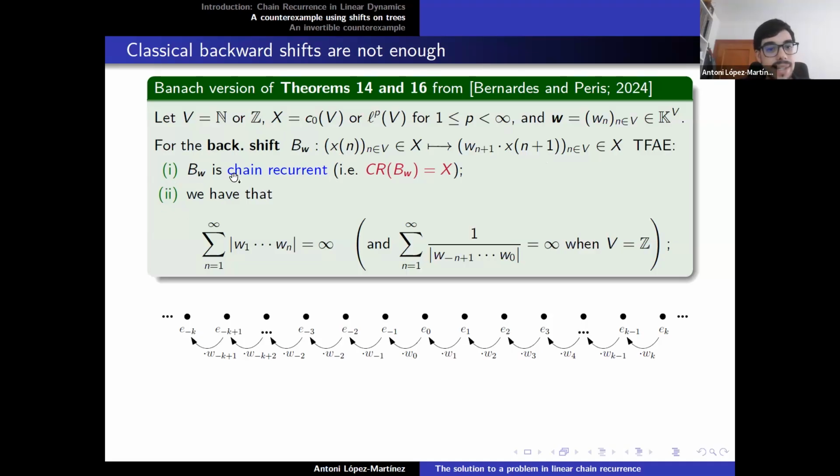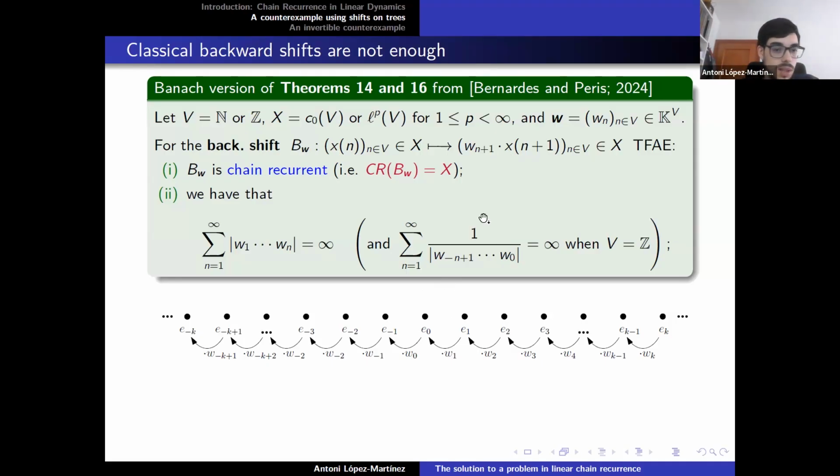They characterize chain recurrence, which I recall means every vector in the space is chain recurrent, with some properties that the weights have to fulfill. Here you have an image that explains what's happening with this kind of operator. In the unilateral case, you just forget about the left side and look at the operator from e_0. Each value goes to the left multiplied by some weight.